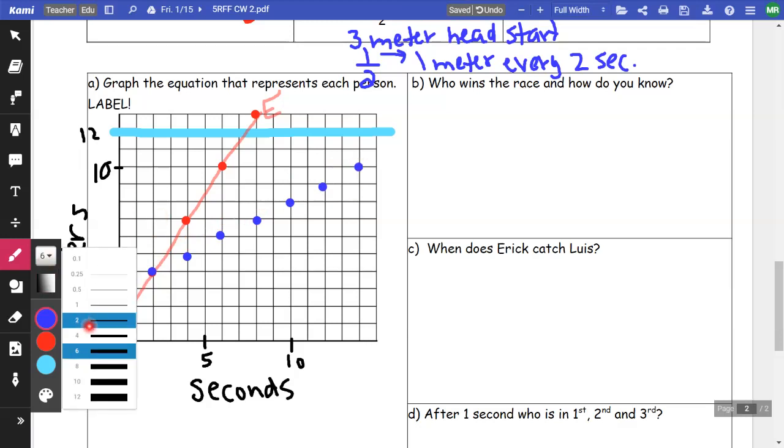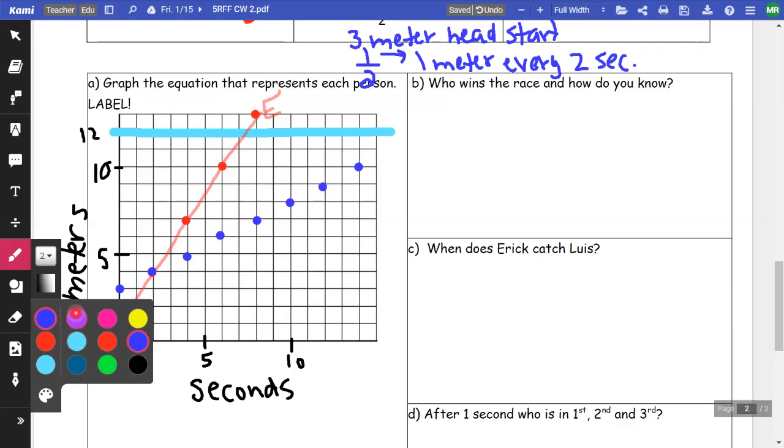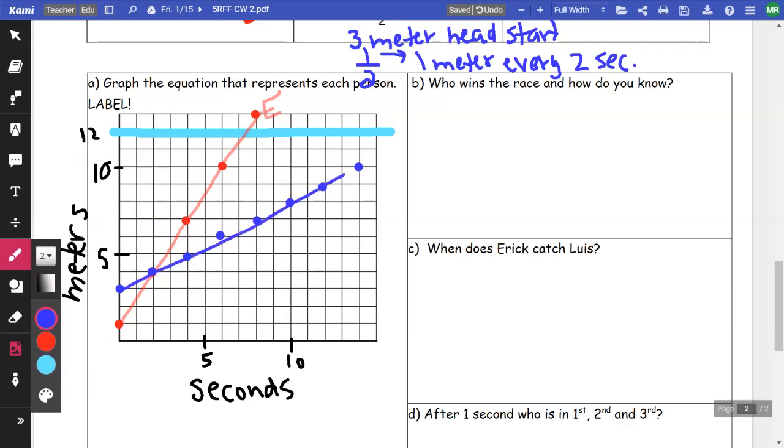And then I'm going to connect it. And I'll put L for Luis.